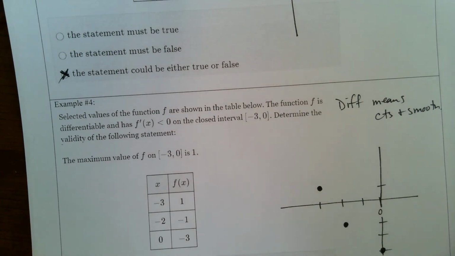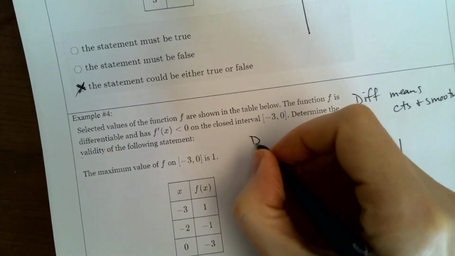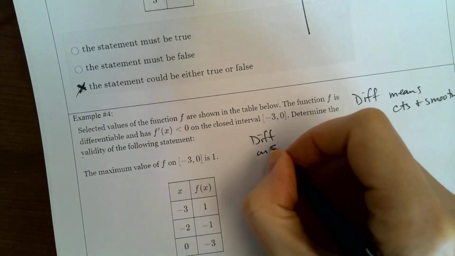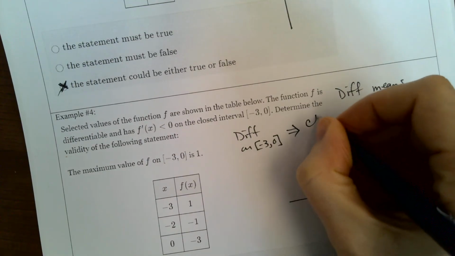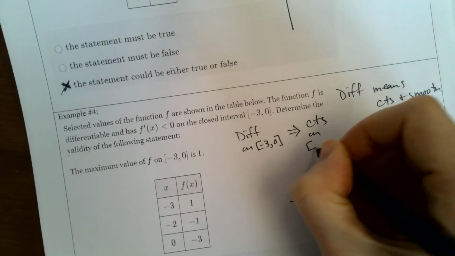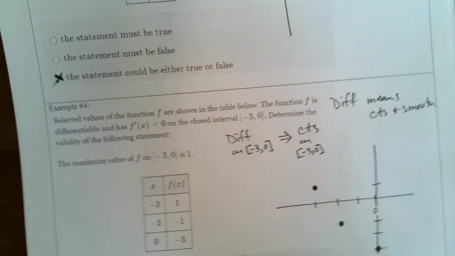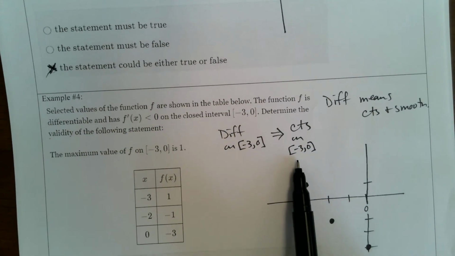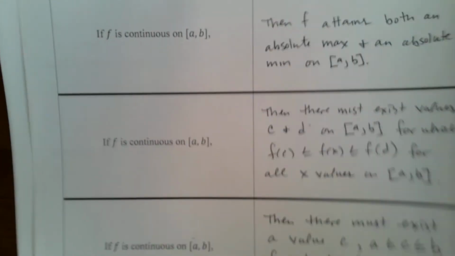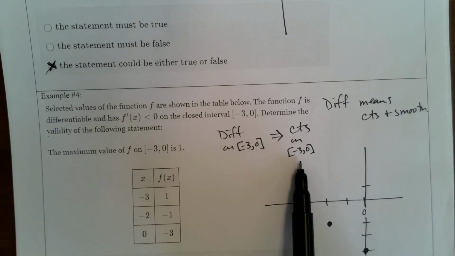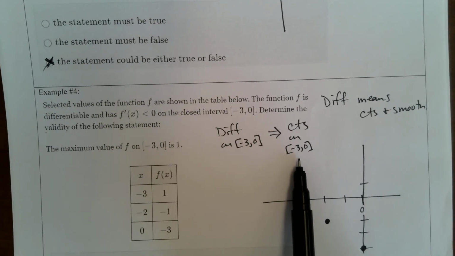So differentiable on [-3, 0] implies continuous on [-3, 0]. And that's the hypothesis, that's the condition for the extreme value theorem. So they're telling you in a roundabout way that the function is continuous.